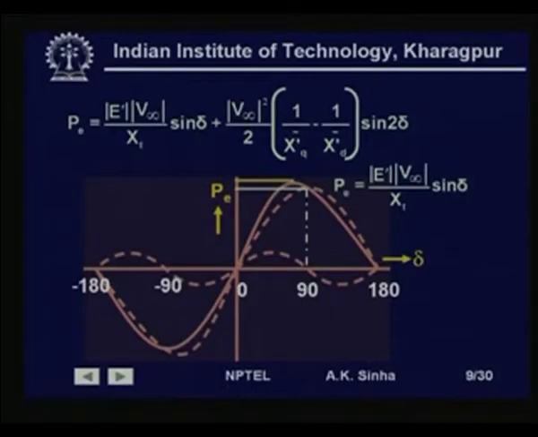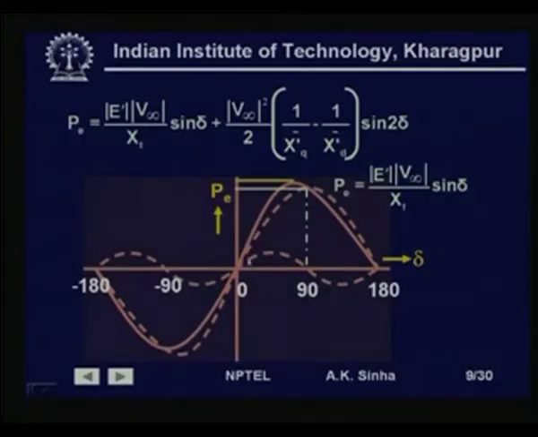That is, the machine will lose its stability if we try to operate beyond this point. So, if we want to work the machine beyond this maximum power, the machine loses stability, and we have worked this very gradually. So, we have assumed that there is no dynamics or transient taking place, and the system is all the time working in steady state, and that is why we call this the steady state stability limit.